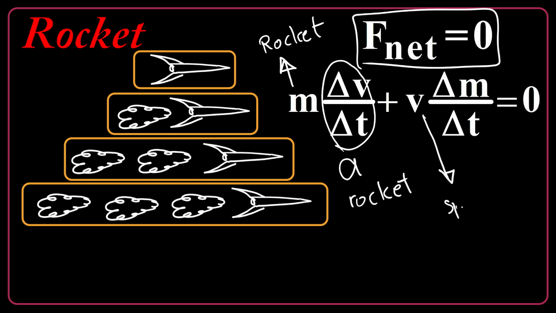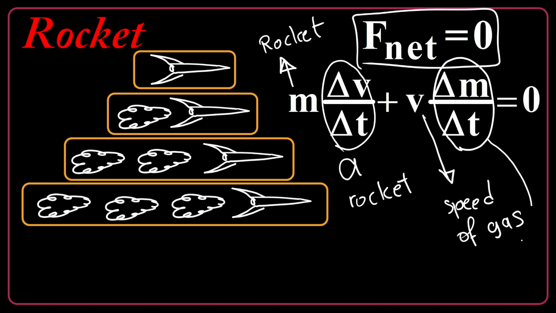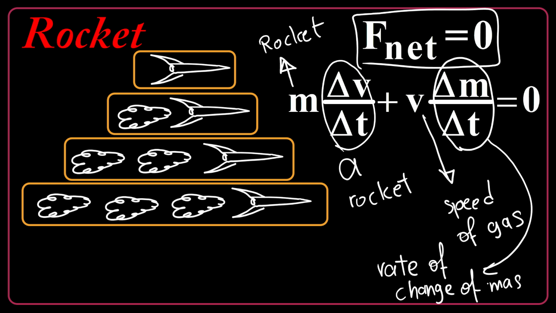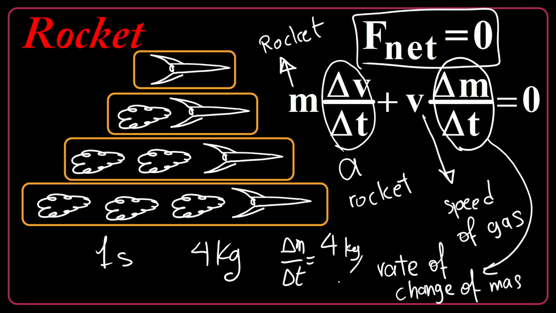The speed of gas. And delta m over delta t is the rate of change of mass. Let's say in each second, a mass of 4 kilograms is pushed out. So delta m over delta t will be 4 kilograms per second.